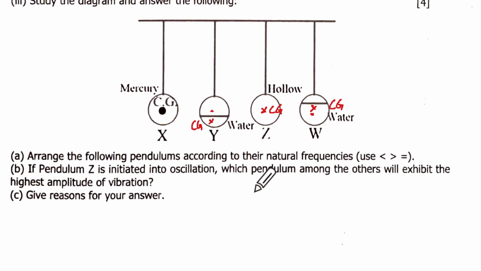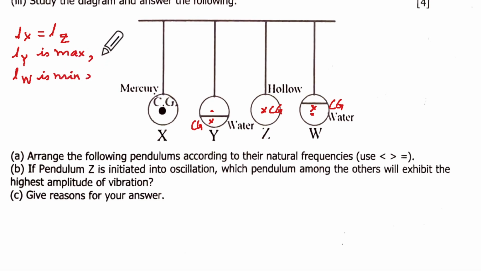Arrange the following pendulums. What you will say, the length of X is equal to the length of Z, and the length of Y is max, the length of W is min, correct?